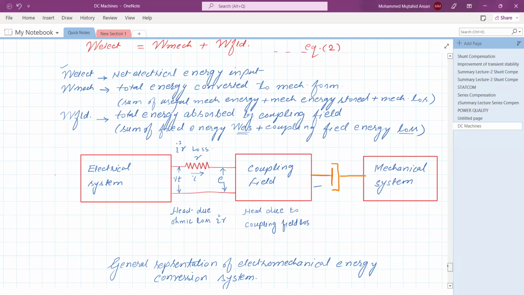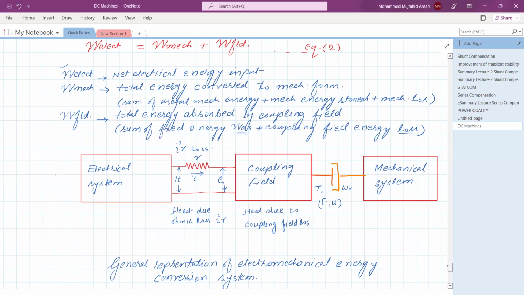Say the torque T and the angular velocity omega r, or you can represent it as force and velocity u. But as a motor, we use torque instead of force, and angular velocity instead of velocity, isn't it?